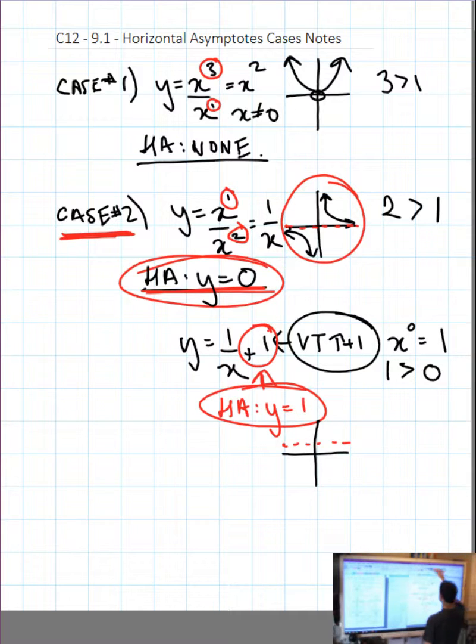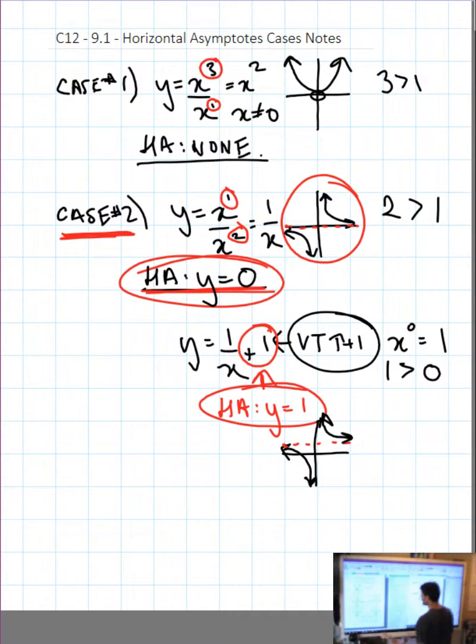And then we can simply draw in our memorized graph close to the horizontal asymptote. So be really careful with these different forms because each individual case has a modified form. So again, case 1, horizontal asymptote, none.